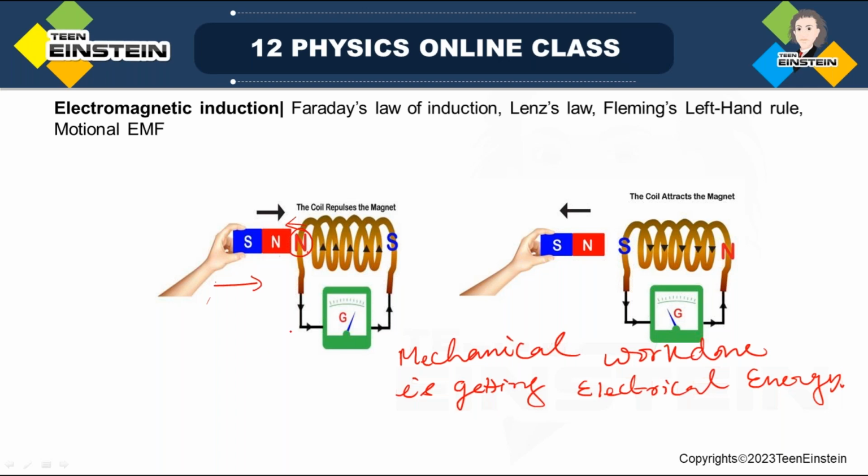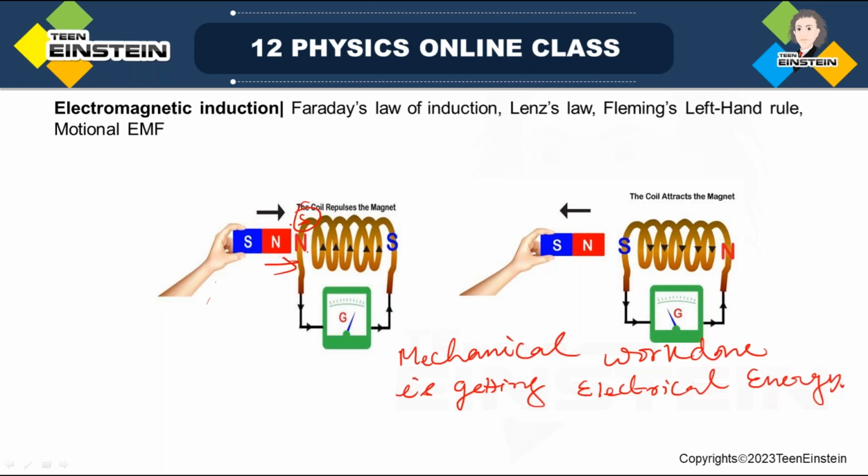Okay, so this is the point over here. This is coming from energy conservation. Suppose Lenz's law was not based on this energy conservation, and there was a south pole when the north pole is brought near the coil.